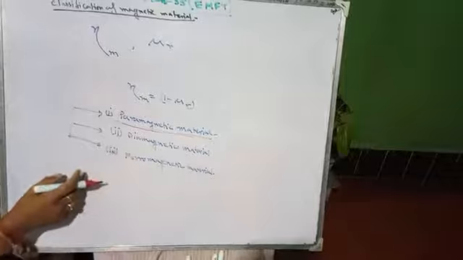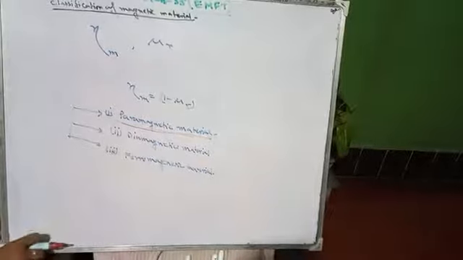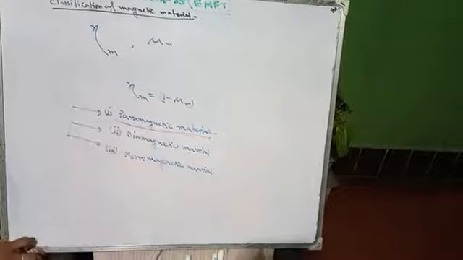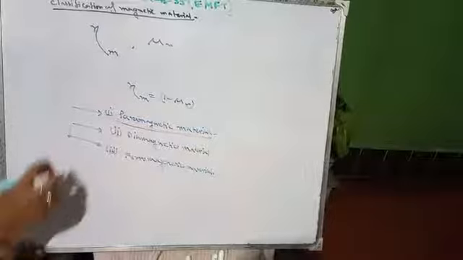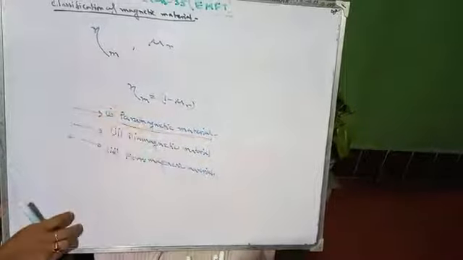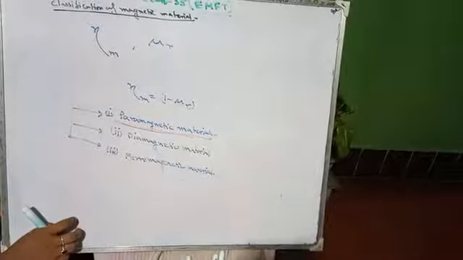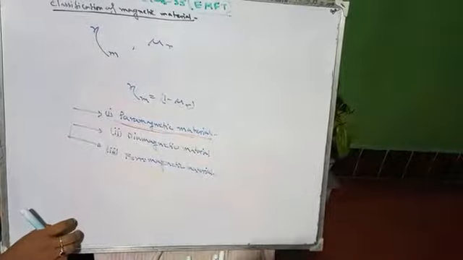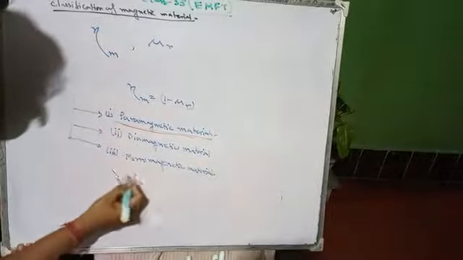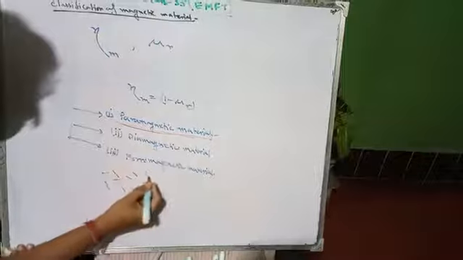I again repeat, if no magnetic field is applied over this material, then the permanent magnetic dipoles in a paramagnetic material are randomly aligned.